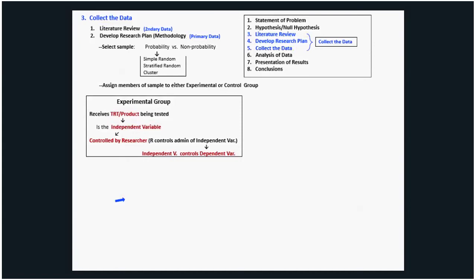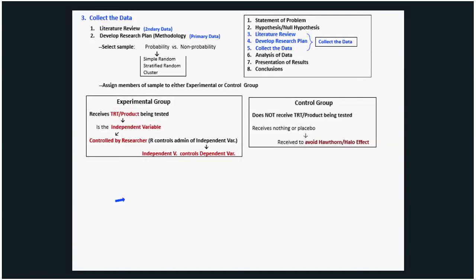And then the independent variable controls the dependent variable. So we have our experimental group that's going to get the magic potion we're testing, right? And that magic potion becomes the independent variable. It almost sounds backwards. It almost sounds like that should be the dependent, because that's dependent on the researcher administering it.